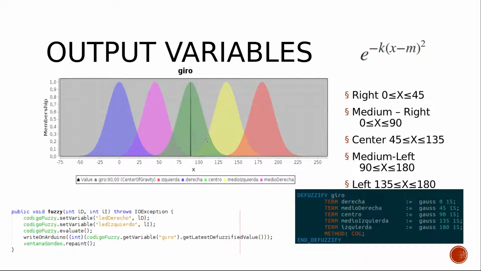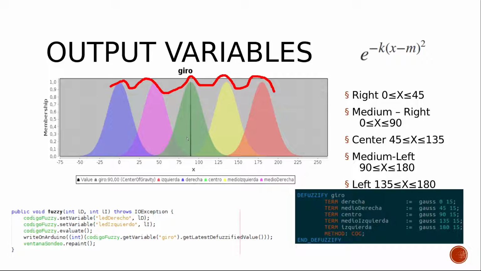For the outputs, we have put forward 5 Gaussian functions. It is necessary to have a stable control of the system, so that it does not make sudden movements.